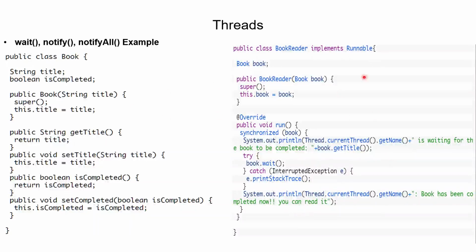Here's another great example on implementing the Runnable interface. So you can see here that we have our class Book, our object Book here.